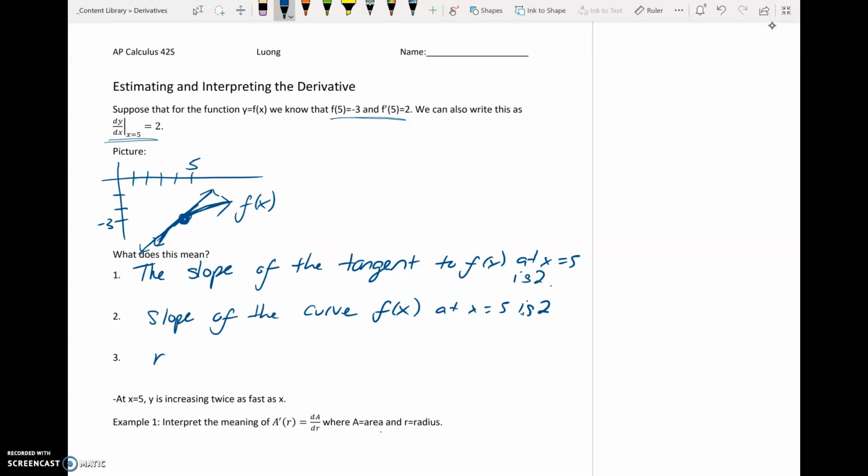And lastly, you can say the rate of change of y, since y is equal to f of x, with respect to x is 2. And one more that I just wrote in here, you could also say that y is increasing twice as fast as x at x equals 5. So in other words, your slope is increasing twice as fast at x equals 5.